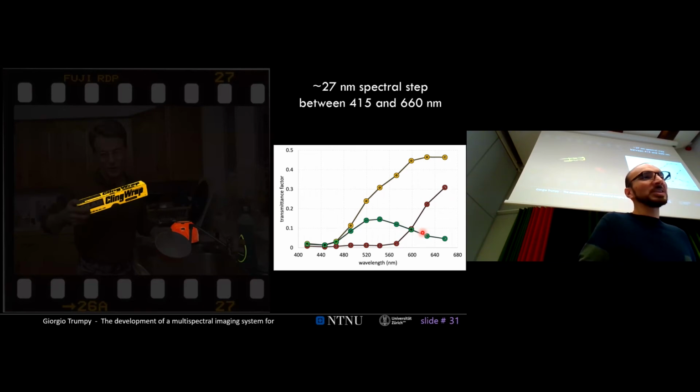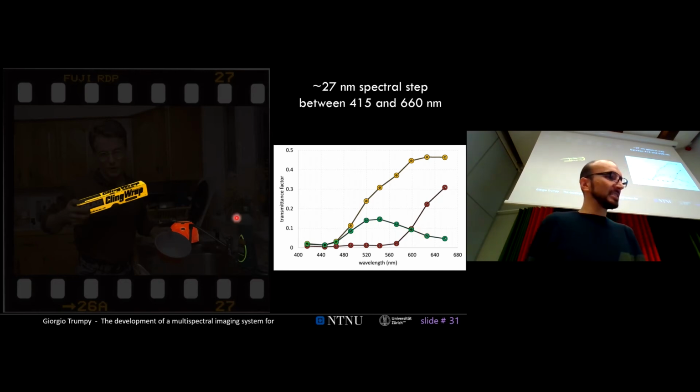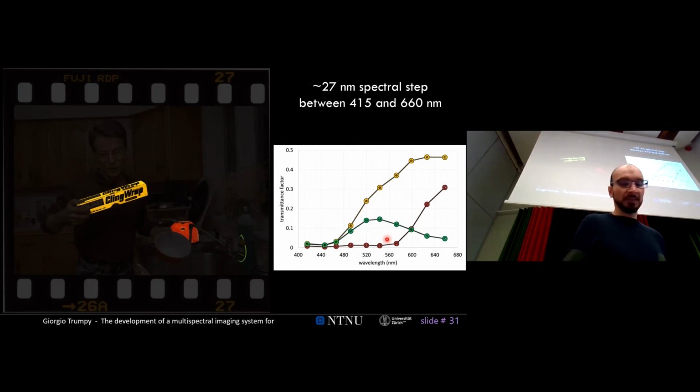With our 10 spectral bands, we have 27 spectral steps between 415 and 660 nanometers. These are the average spectra of the pixels of this yellow part, this red part, and this green part that you see here in this plot.